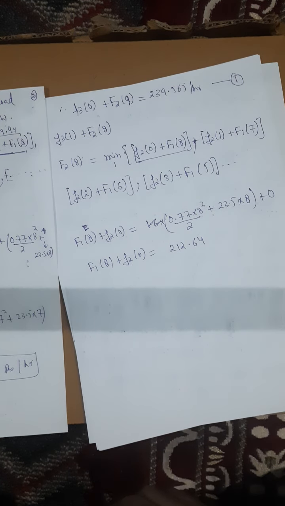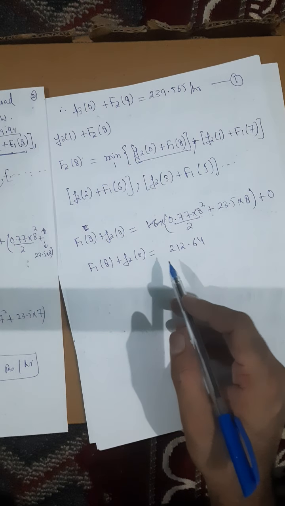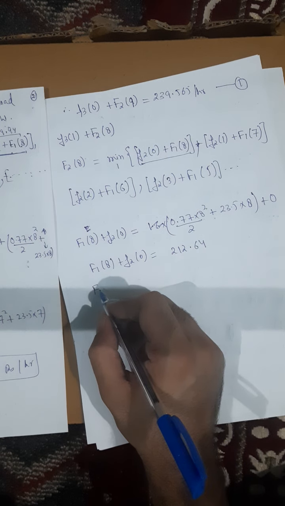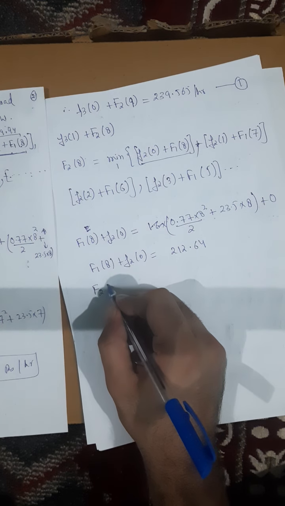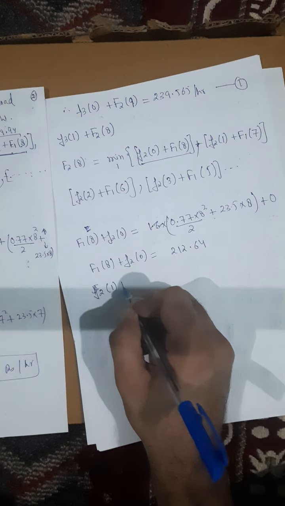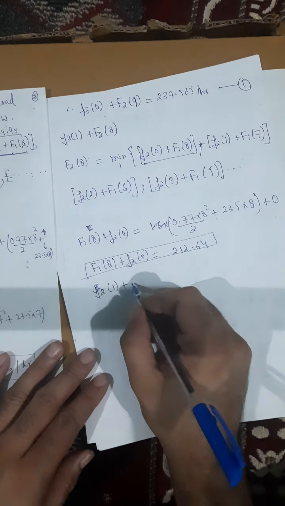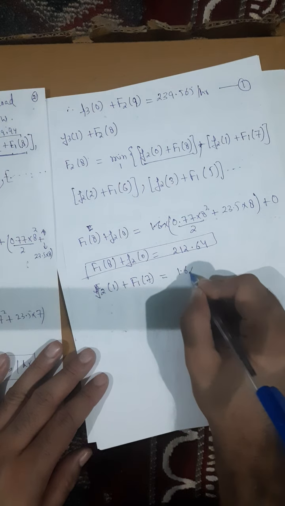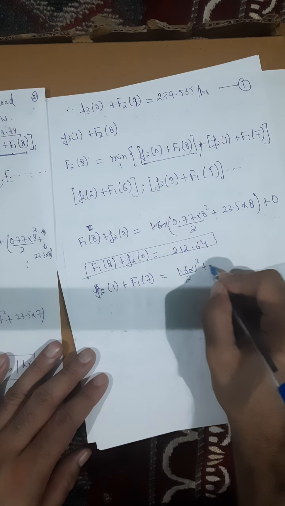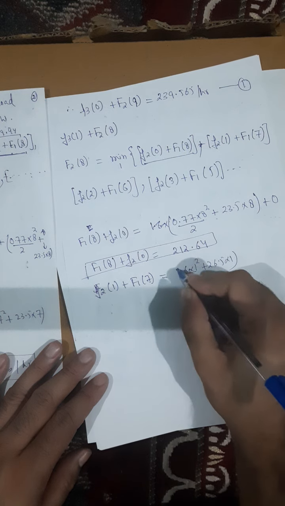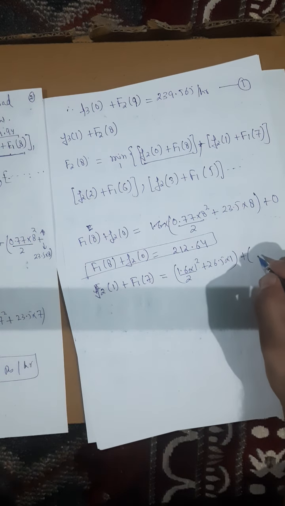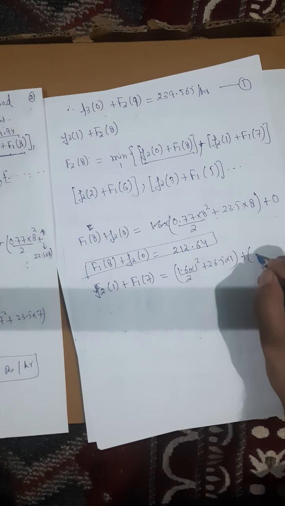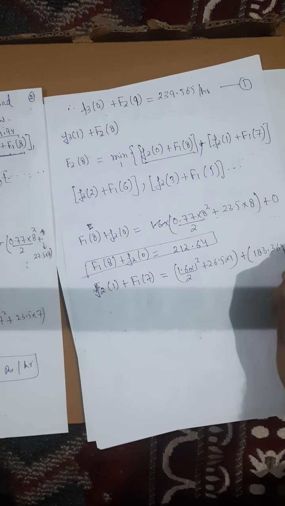Now the second combination will be F21 plus F17. F21 is 1.6 multiplied by 1 square divided by 2, plus 26.5 multiplied by 1, plus F17. F17 I have calculated previously; it is coming out as 183.365.